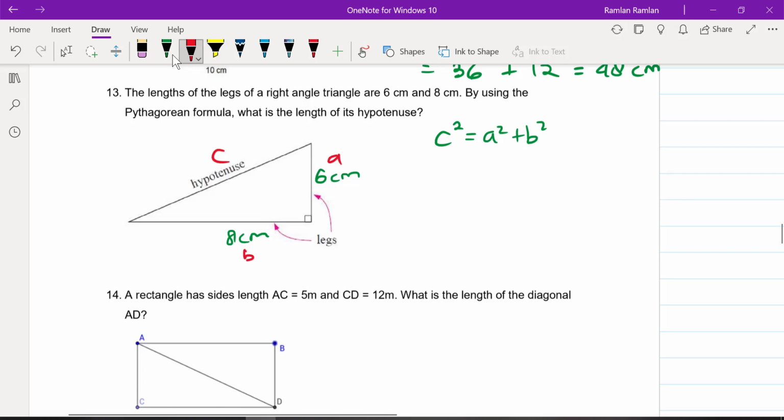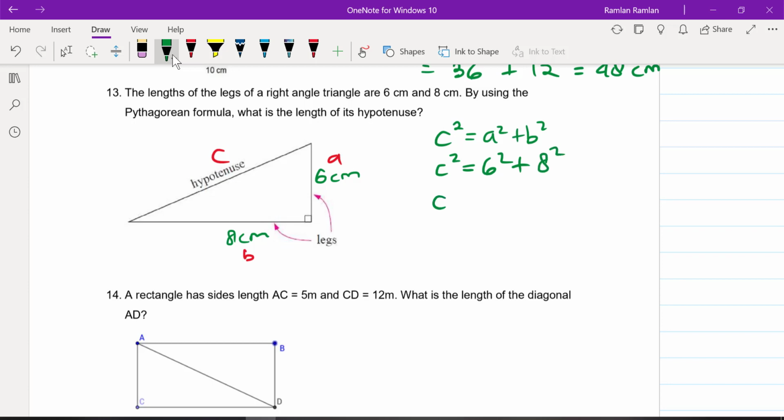Next we substitute any values that we have from the figure, and then we find the value of C. So let's continue. We have C squared. We don't know C, which we are going to find. A is equal to 6, so there will be 6 squared, and B is going to be 8, so that will be 8 squared.